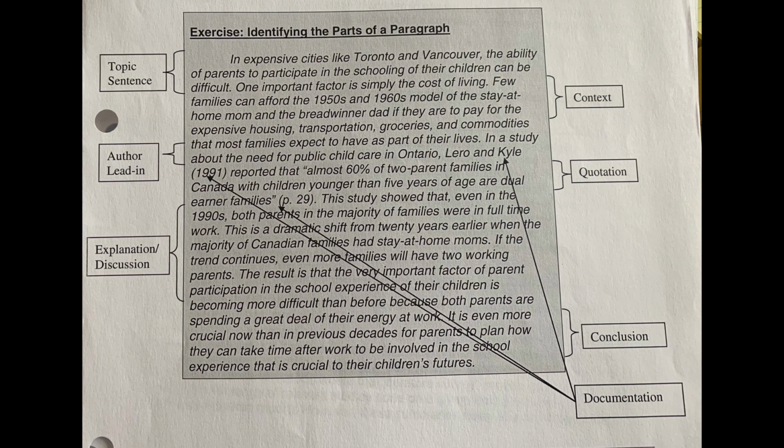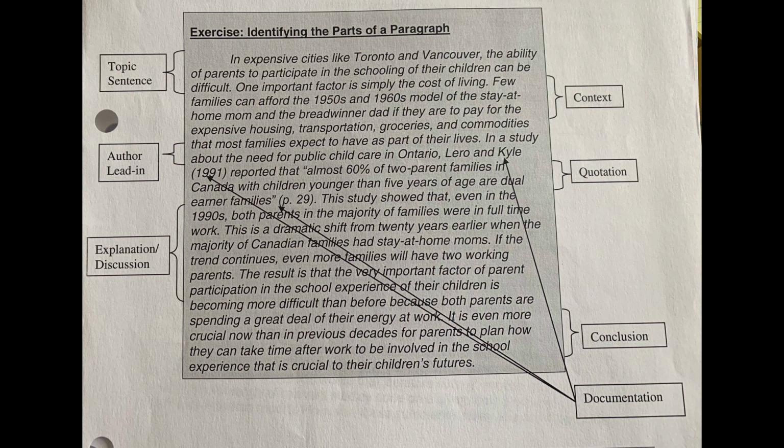Now, this is the interpretation or the explanation. This study showed that even in the 1990s, both parents in the majority of families were in full-time work. This is a dramatic shift from 20 years earlier when the majority of Canadians had stay-at-home moms.